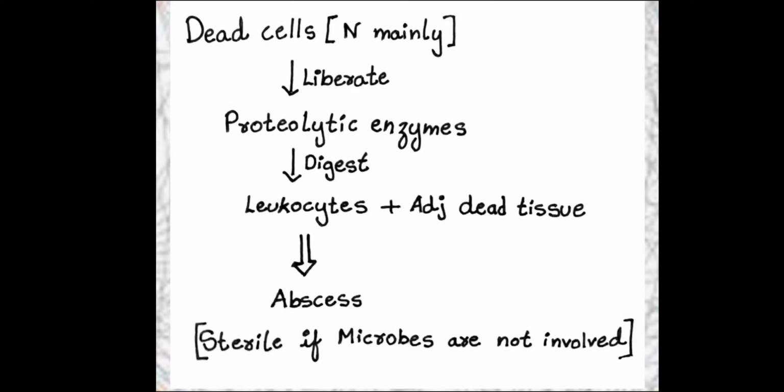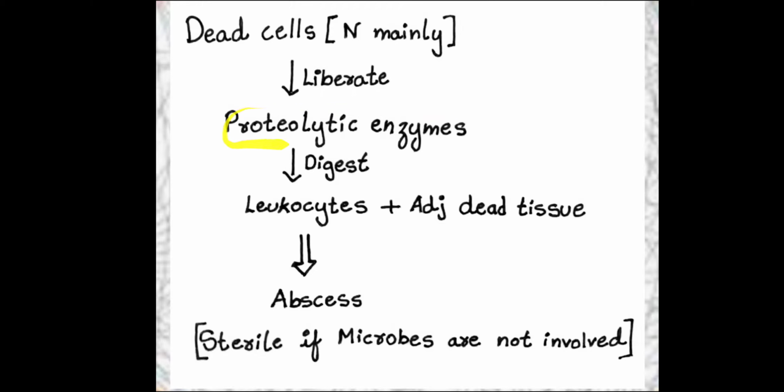But if the reaction is not great enough because the irritant is weak, then an exudation consisting chiefly of serum, lymph, and fibrin will result. However, dead cells, mainly polymorphonuclear cells, liberate what? Proteolytic enzyme.